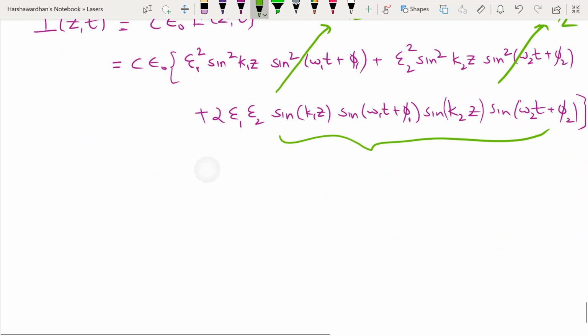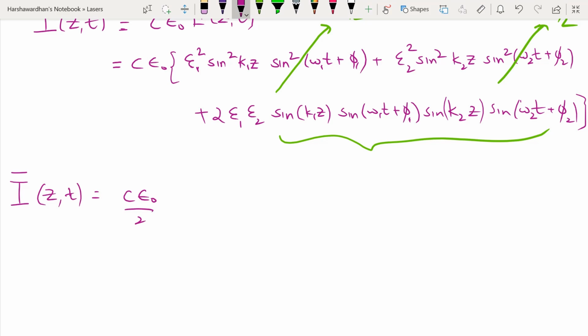So essentially at the end, you can implement these relationships between these harmonic functions, and what I get is my average intensity to be of this kind, which is c epsilon naught by 2. These factors of 2 are coming from averaging, and the first term is simply E1 square sine square k1z plus E2 square sine square k2z, right?